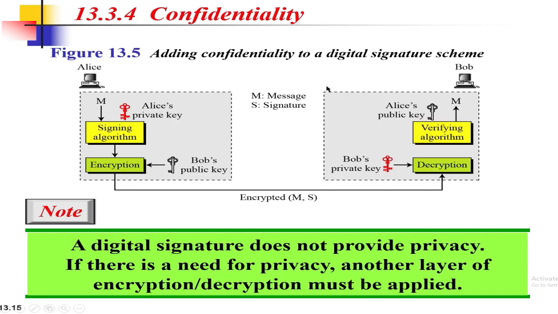Alice first signs the message by using Alice's private key, and encrypts the signature and message by using Bob's public key, and sends the encrypted ciphertext to Bob. Now Bob decrypts that ciphertext by using Bob's private key, and verifies the message by using Alice's public key. This is how confidentiality is achieved here.